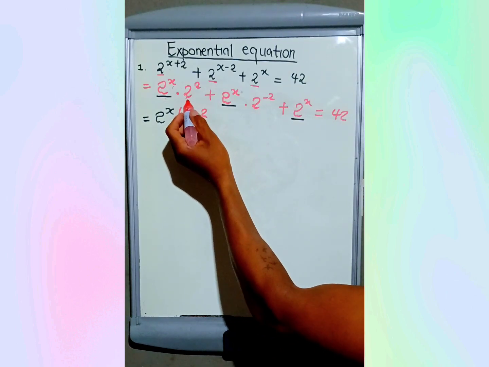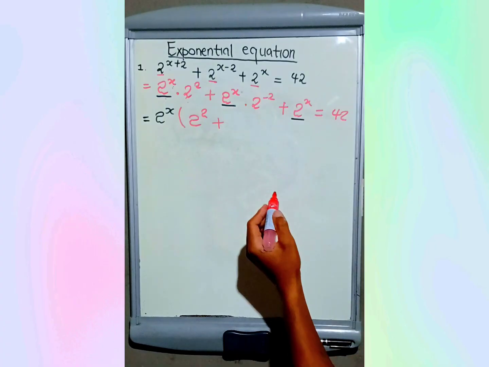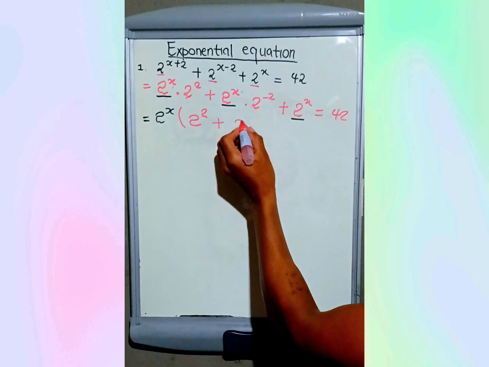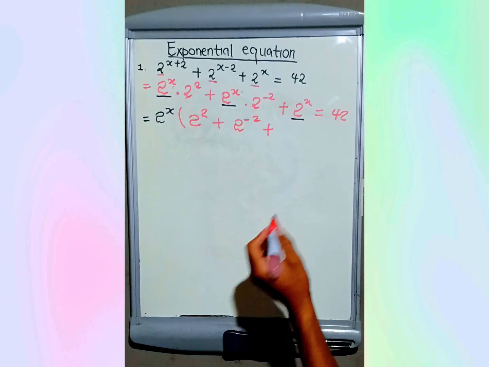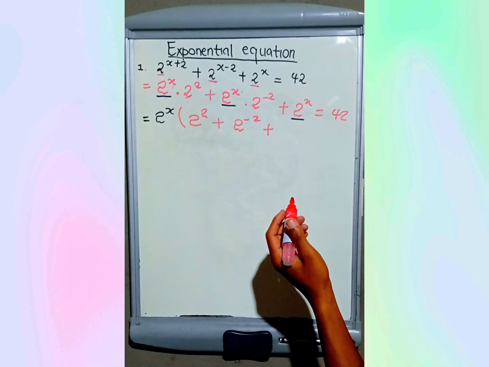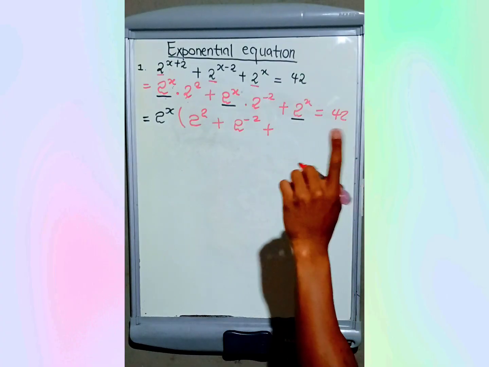We are left with 2 raised to 2, plus, then when I remove 2 raised to x here, what remains is 2 raised to negative 2, plus. Here we have 2 raised to x, and we don't have anything, but anything multiplied by 1 is that thing.